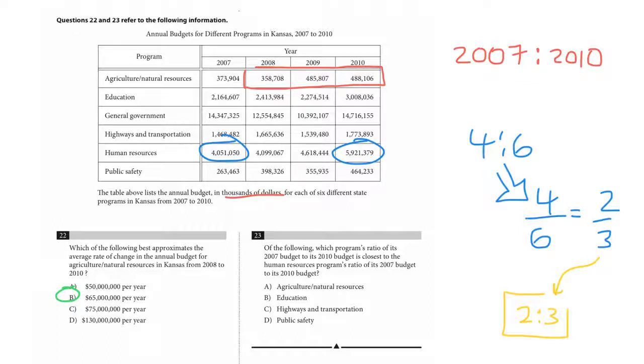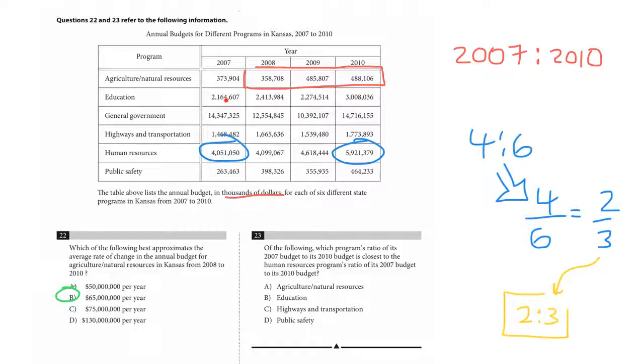Okay. And the question is, which program's ratio is closest to that? Is it agriculture, education, highways, public safety? So where is a similar ratio of 2 to 3 from 2007 to 2010? I would say this one is certainly a candidate, right?